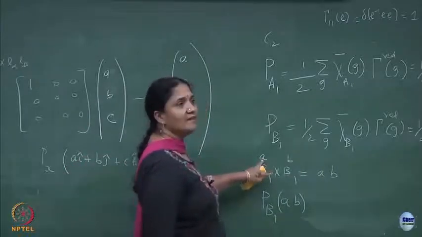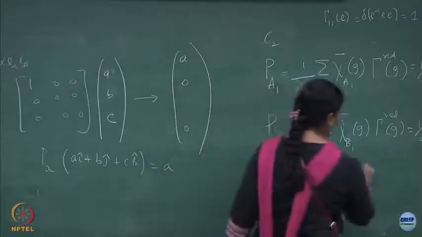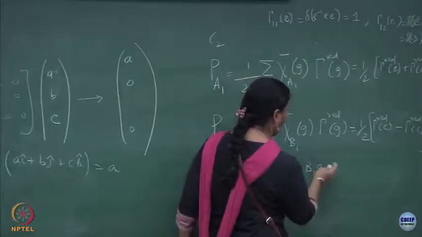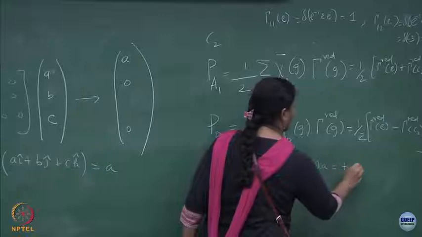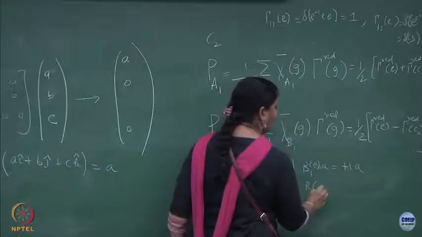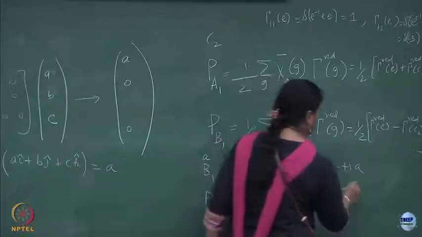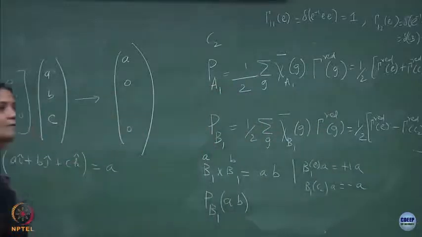The basis is A on it. What is the meaning of it? B1 on A, the corresponding element: the irrep corresponding element, which is C2 on A, will be minus of A. That is the meaning of this, right.